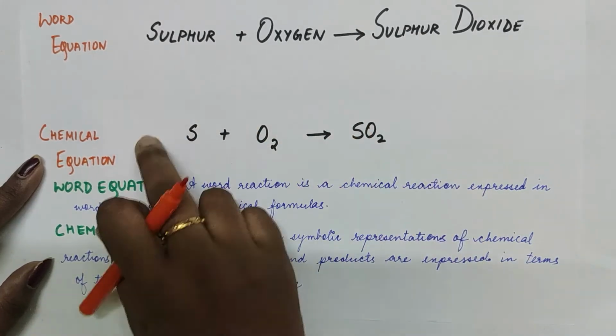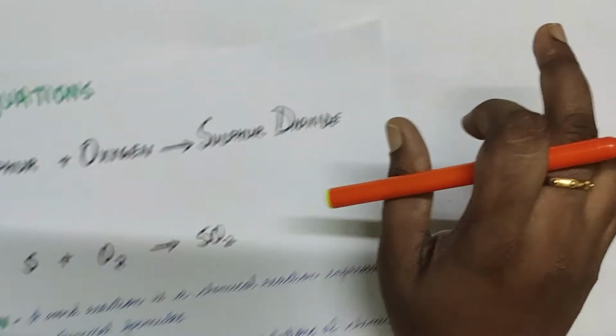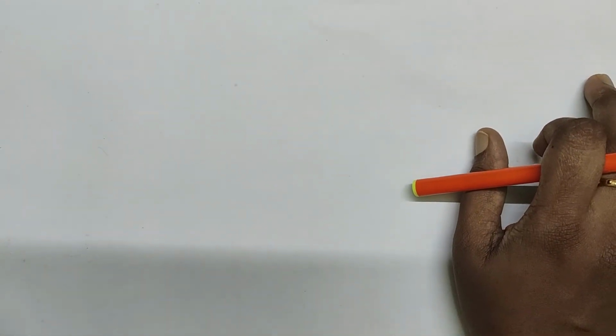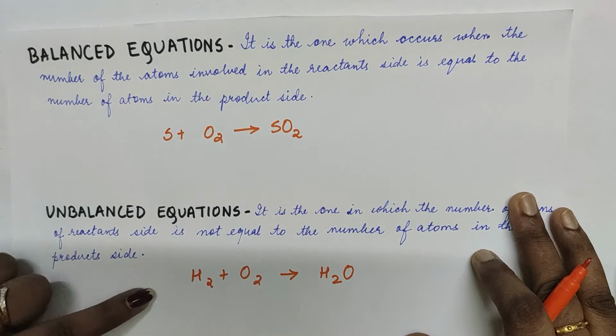So this becomes a chemical equation and this becomes a word equation. Now again, the chemical equation can be balanced or unbalanced.